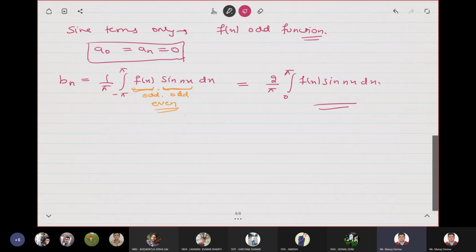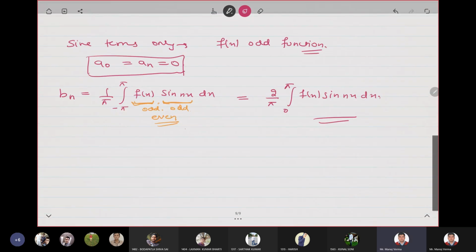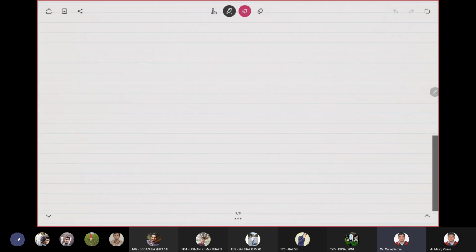So let's quickly solve our numerical on this and you will get more idea on this: how to express any function in pure sine terms only and pure cosine terms only. So the first example, we have to represent a function by a Fourier sine series only.